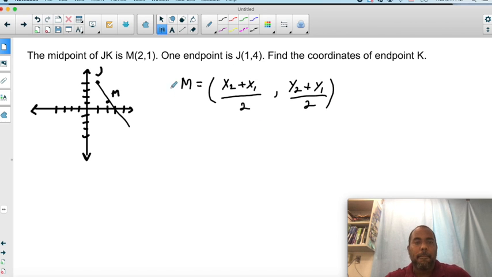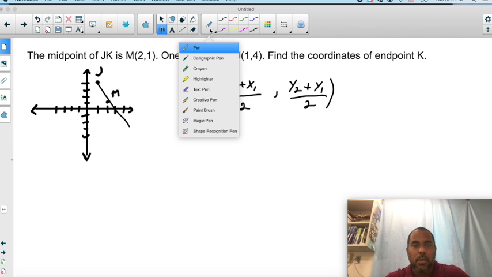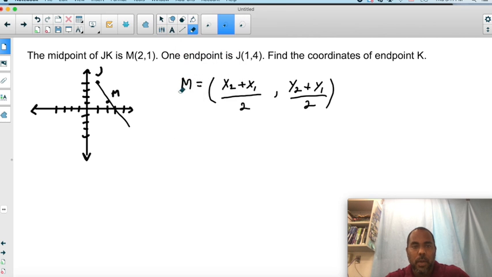From there, I then think, okay, the midpoint is actually a point on this line. It consists of two different pieces. And so I like to look at it as x of the middle, comma, y in the middle.